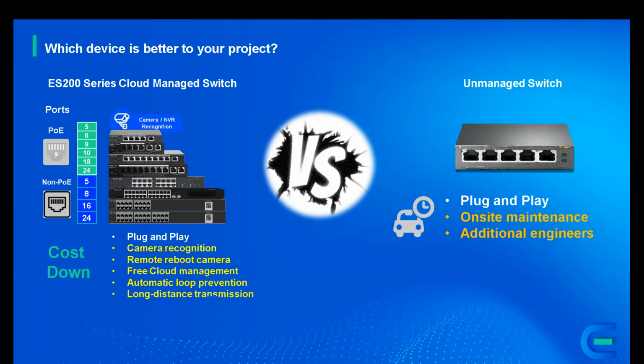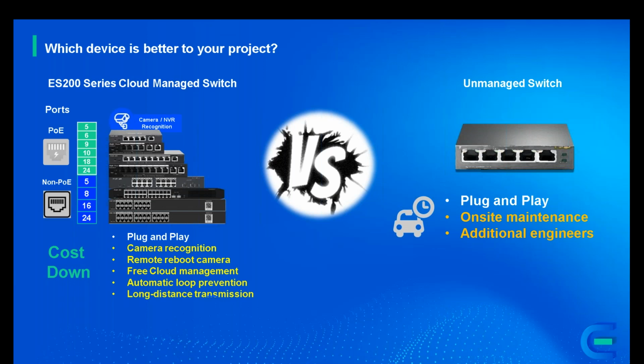All those features help you to reduce the cost. So at the end, it's better to use managed switches, and the price difference is not so considerable if you consider these failures or this remote maintenance.